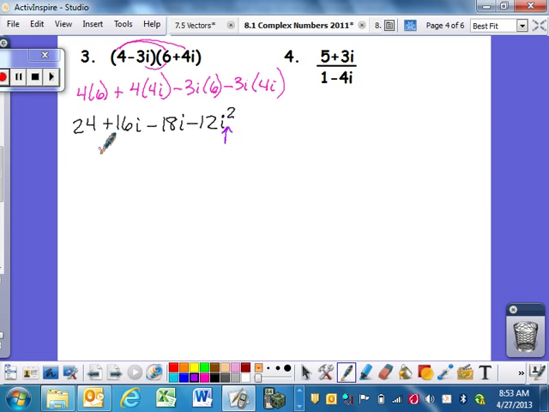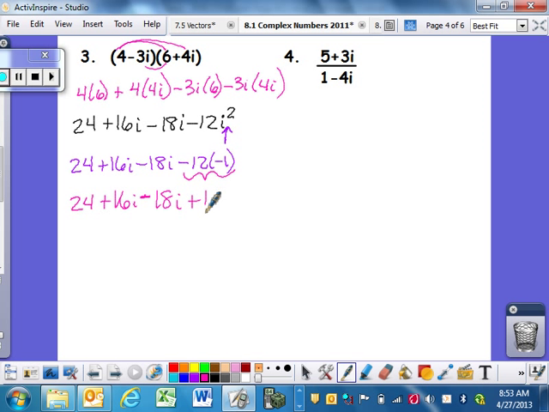So if I do this math here, 24 plus 16i minus 18i minus 12 times negative 1. Okay, so now I know that this ends up being positive 12, because negative 12 times negative 1 is a positive 12. So 24, and you don't have to write all these steps out. I'm just writing them out to emphasize and show you what's going to end up combining.